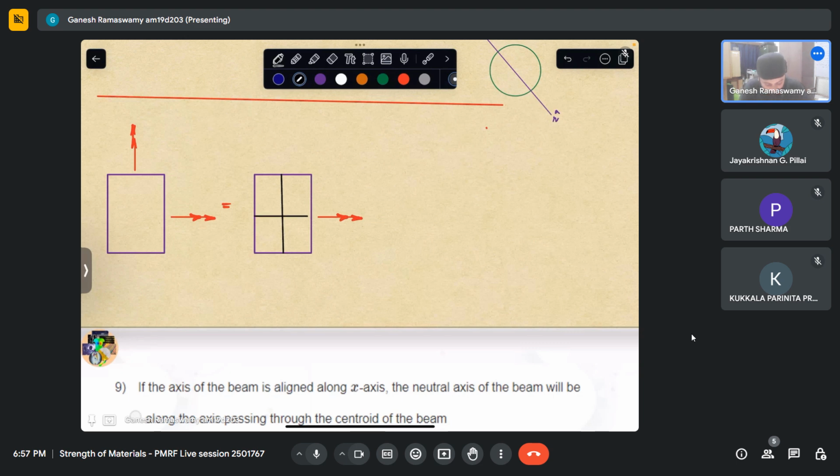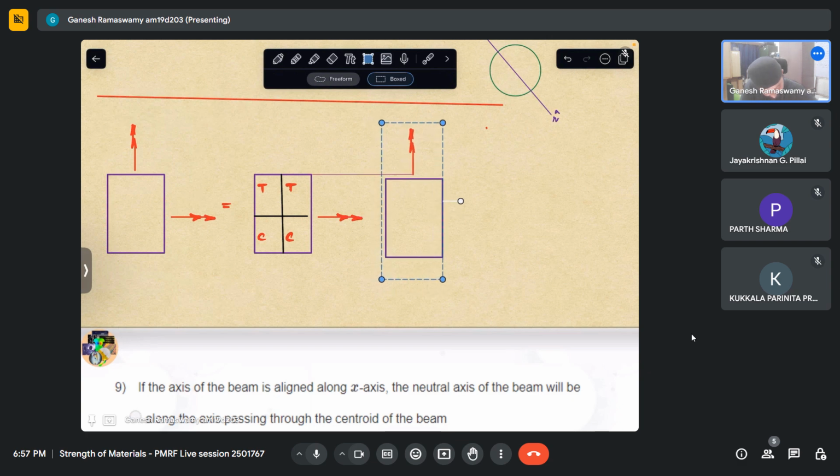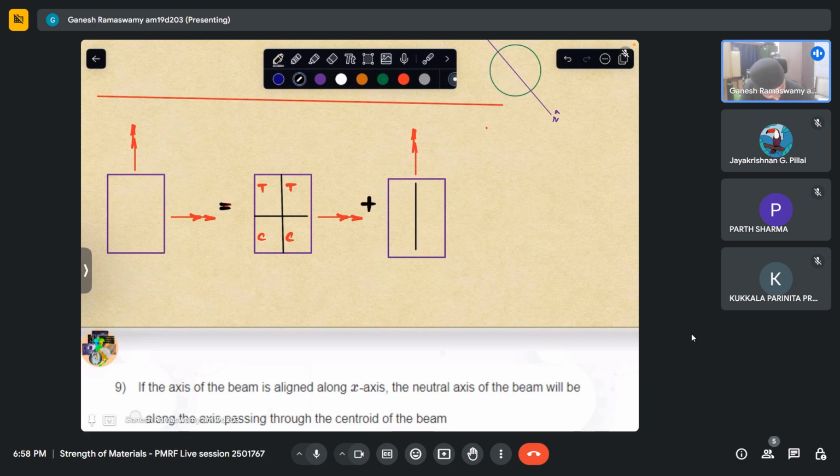So in this case, this load causes tension here and compression here. So that is clear. Similarly, if I take these, this plus this plus, and I again divide them into 4 quadrants.